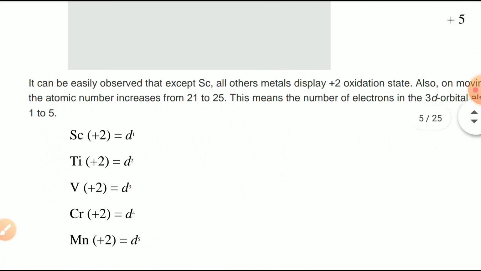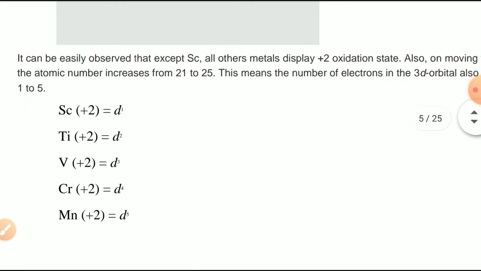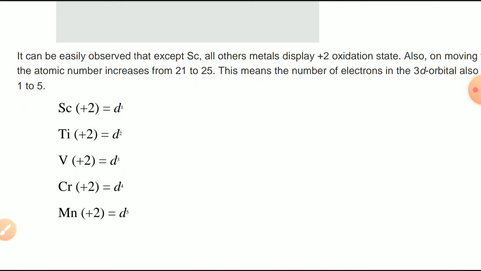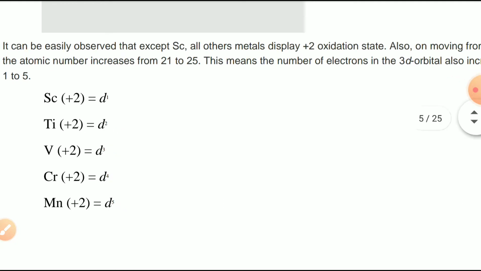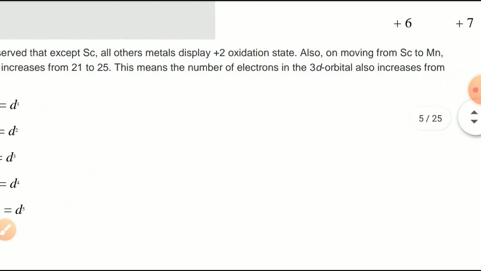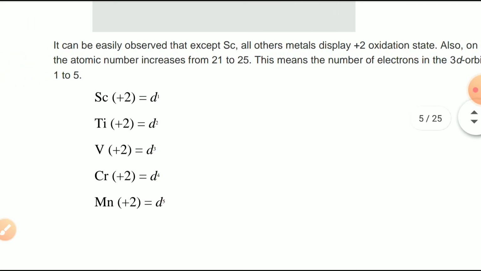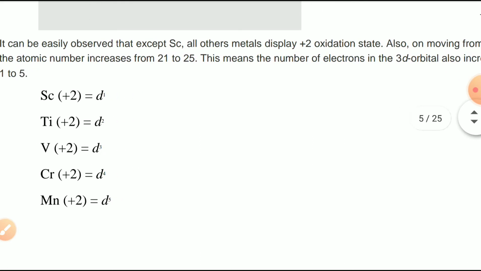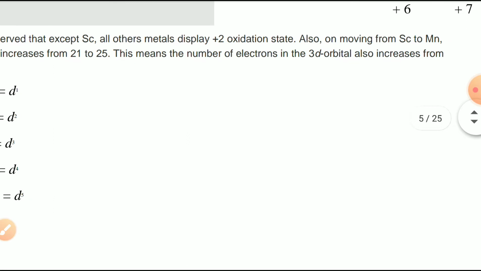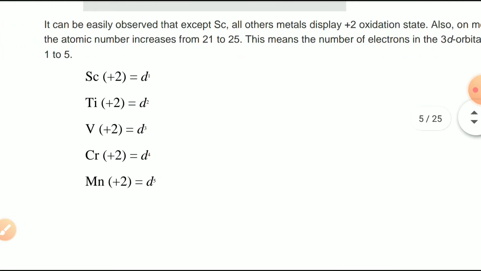So it can be easily observed that except scandium, all the metals display the +2 oxidation state. Also, on moving from scandium to manganese, the atomic number increases from 21 to 25. This means the number of electrons in the 3d orbitals also increases from 1 to 5.